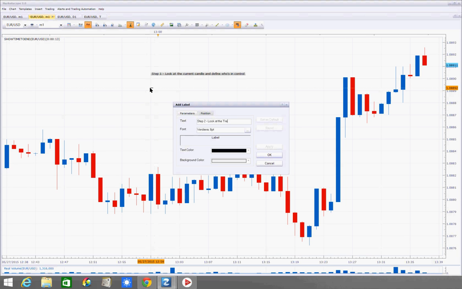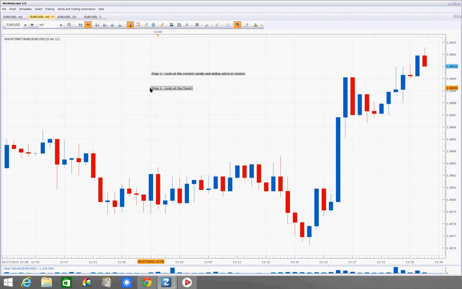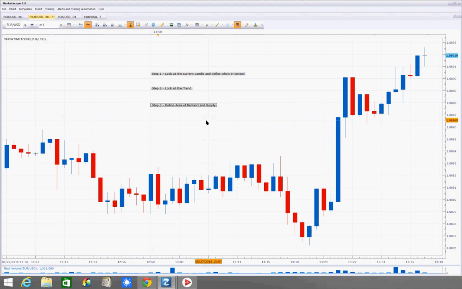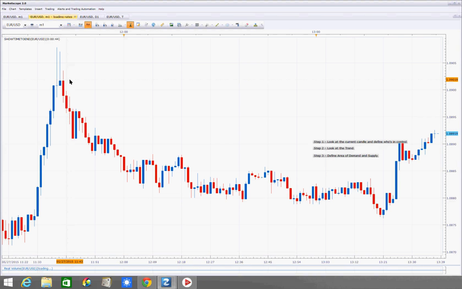Look at the trend. So what is the current trend? Up or down? So what's the current trend?